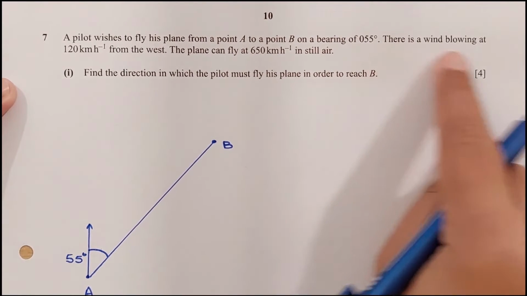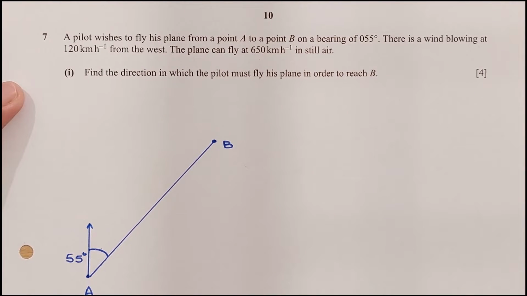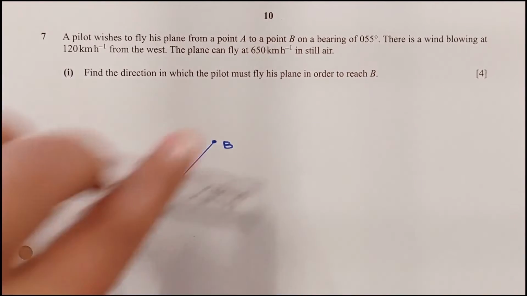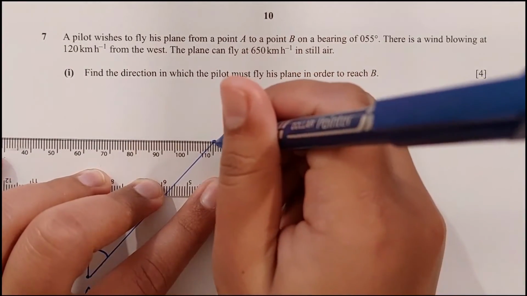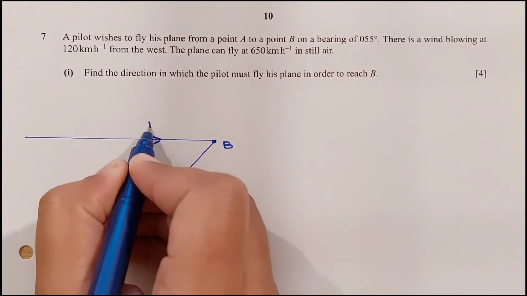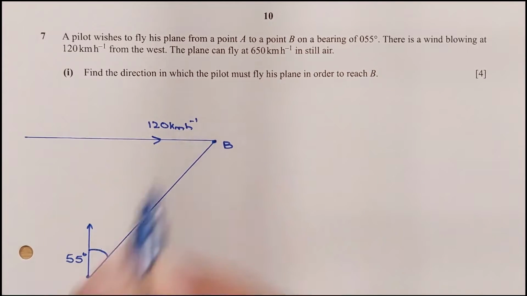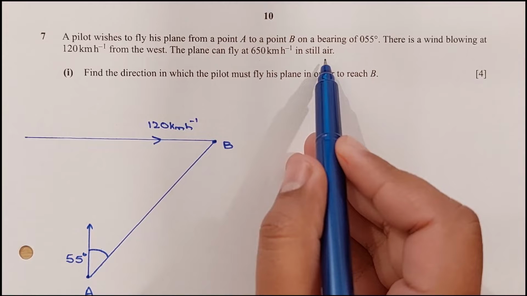There is a wind blowing at 120 km/h from the west. So this is north, then this side is the west. In this direction, the wind is blowing at 120 km/h. A plane flies at 650 km per hour in still air.